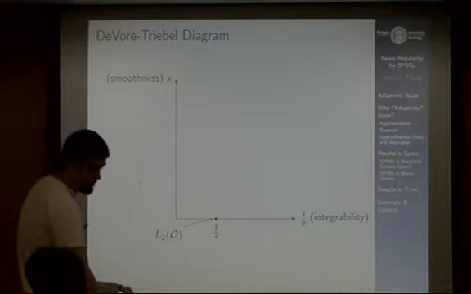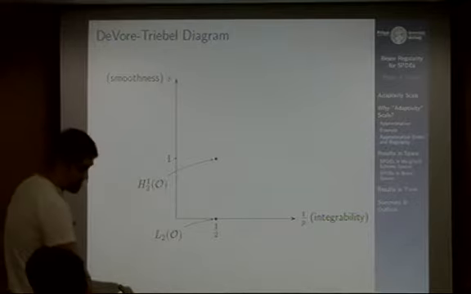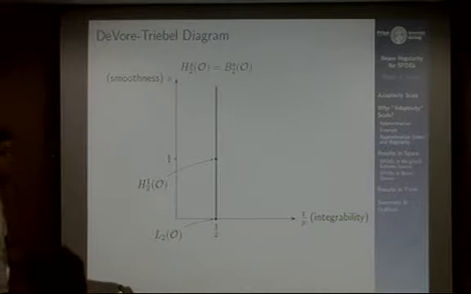So for example, this point here represents the L2 Sobolev space of order 1, and all this scale here represents the Sobolev spaces of order s, and for the parameter p equal 2, they coincide with the Besov spaces. It's a well-known fact.